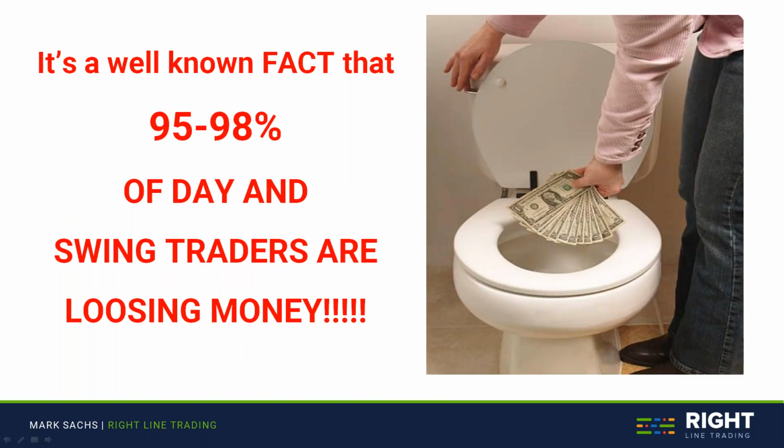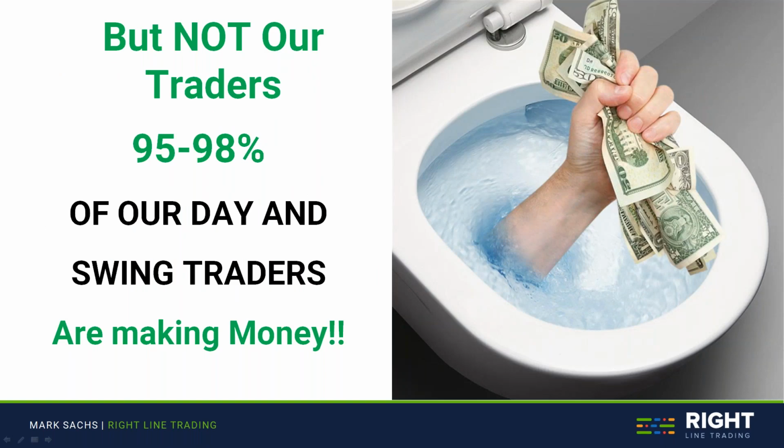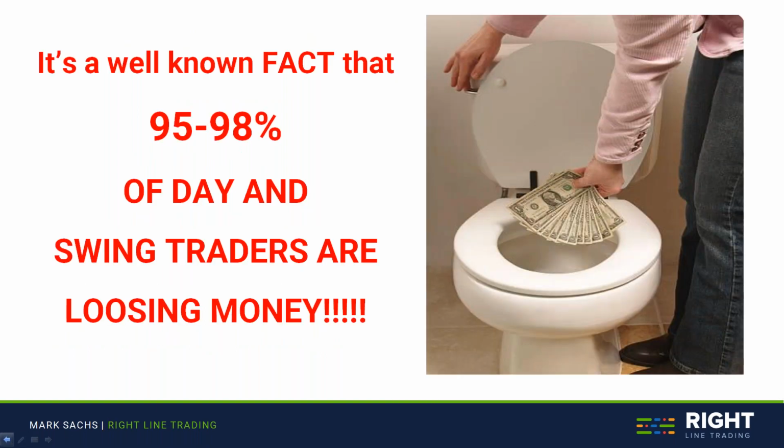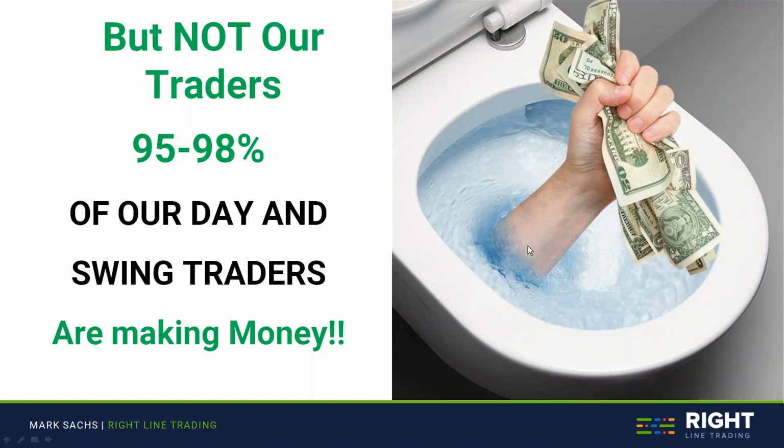Look, it's a well-known fact that 95 to 98% of day traders and swing traders are losing money. This is retail trading, people. But not our traders. Our day traders and swing traders are making money. Why? Because when you throw your money down the toilet as a retail trader, who's picking it out and taking the money on the other side?